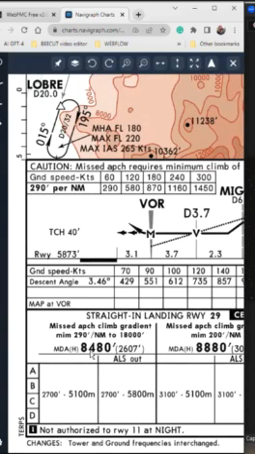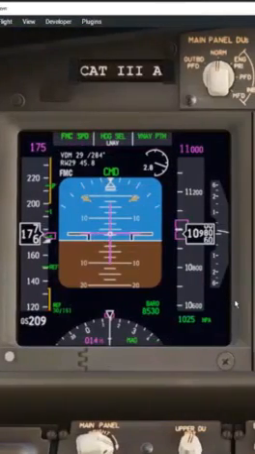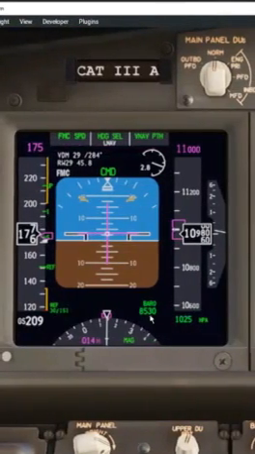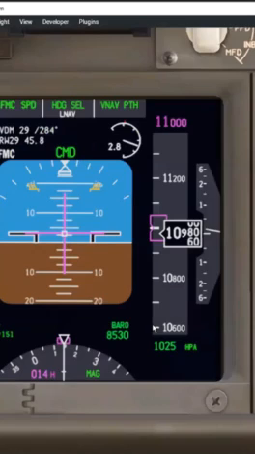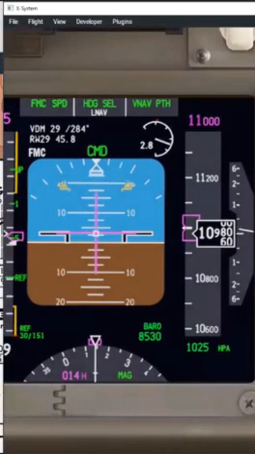Therefore, we can use a minimum of 8480. As most airlines' SOPs dictate, we will add 50 feet to that, which brings our minimum to 8530. 8530 set. All right.